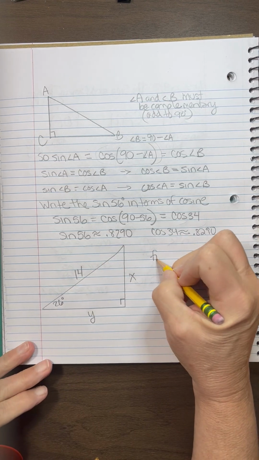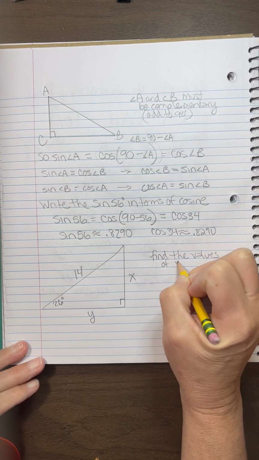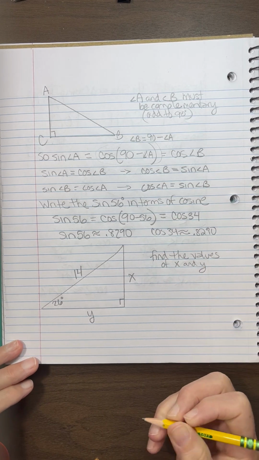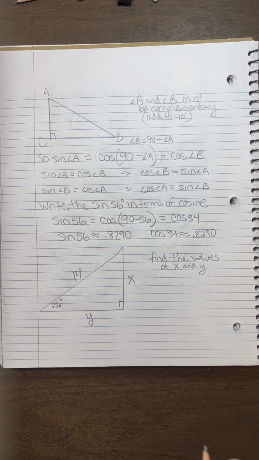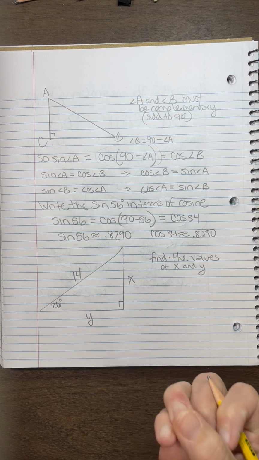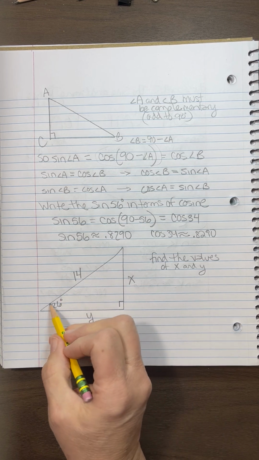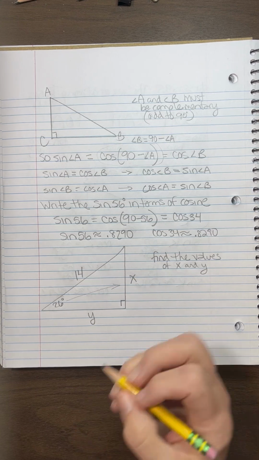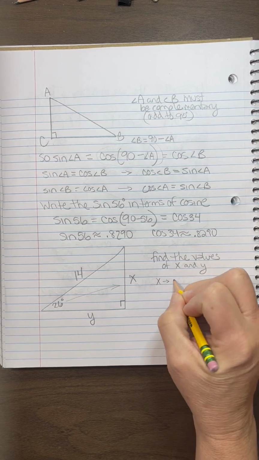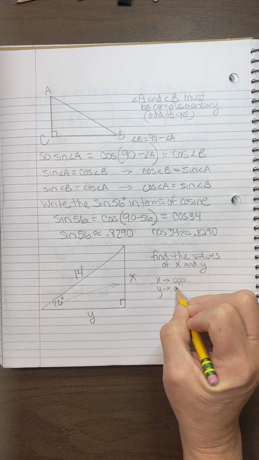We're going to find the values of X and Y. Every time, you want to know what sides you have in relation to the angle that they give you. So we are looking at angle 26. X is going to be the opposite side. Y is going to be the adjacent side.